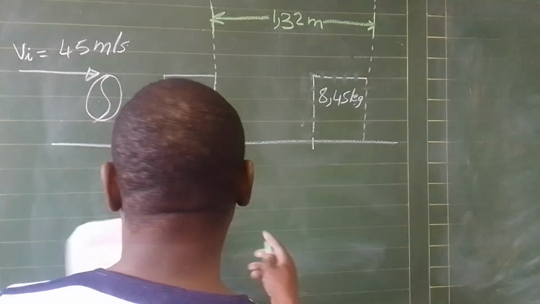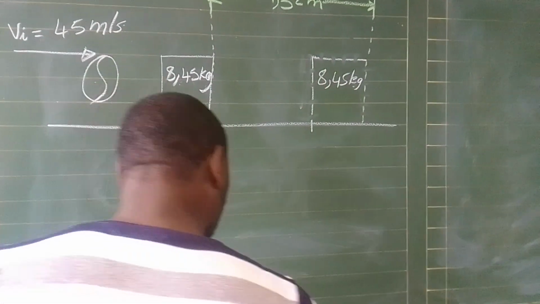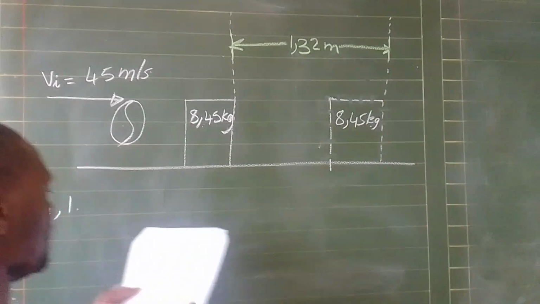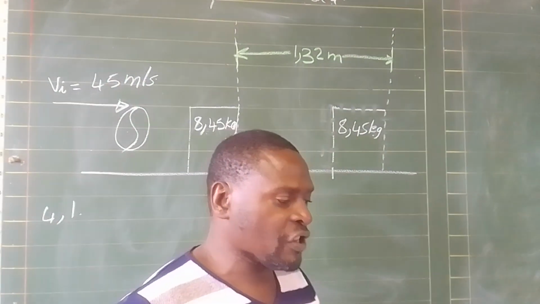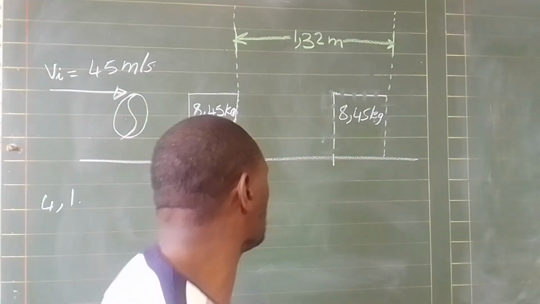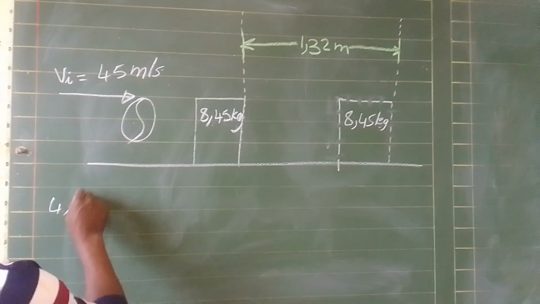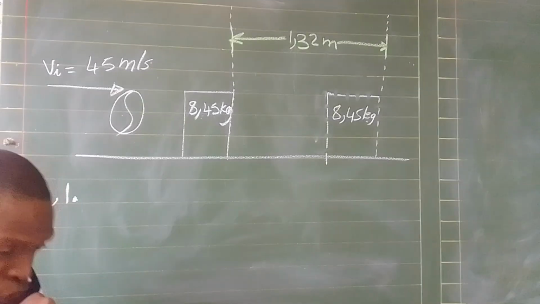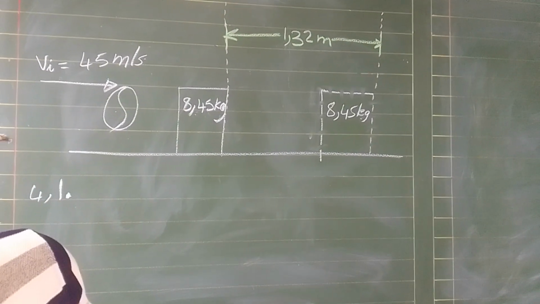Now the question follows, 4.1. State the principle of conservation of linear momentum in words for 2 marks. This is theory that you need to know.